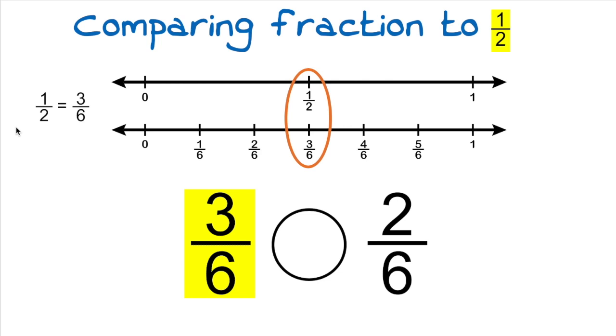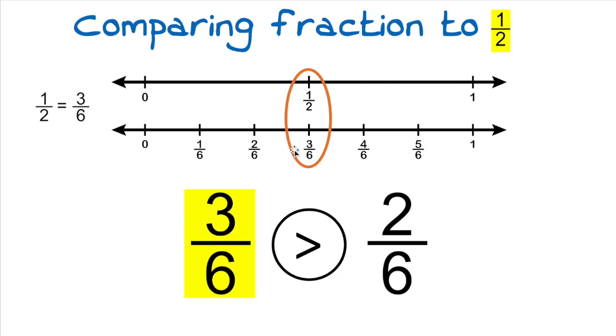And then it's easy to see that 3 of these things called 6 is more than 2 of these things called 6, right? Because as we move along the number line, there's 2/6 and we have to move farther along the number line to get to 3/6.